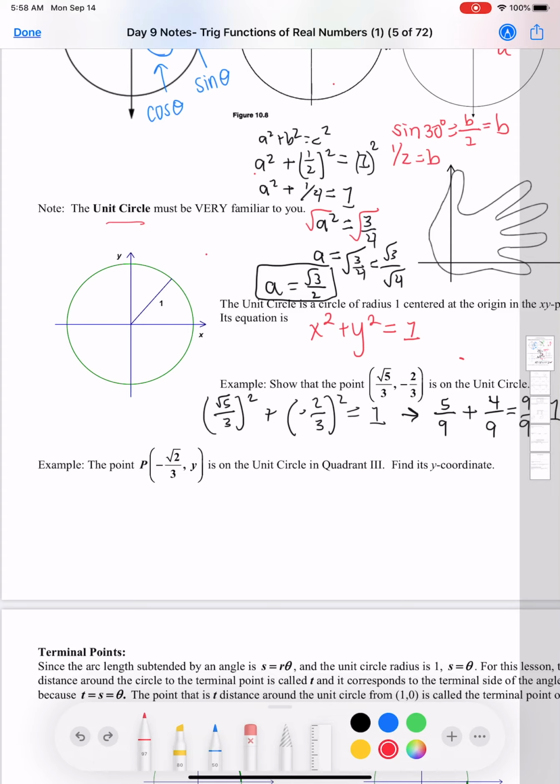So going counterclockwise, we have quadrant 1, 2, 3, 4. Something very important that we've talked about is which trig functions are going to be positive and which trig functions are going to be negative on the unit circle. And so, I'll recap that.